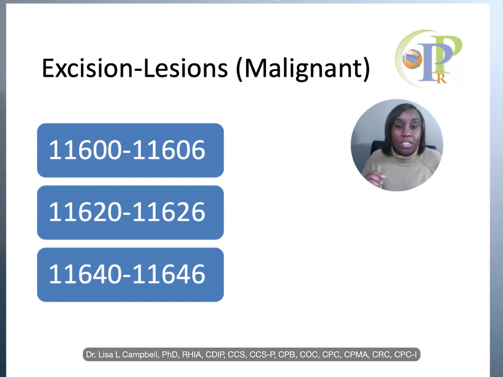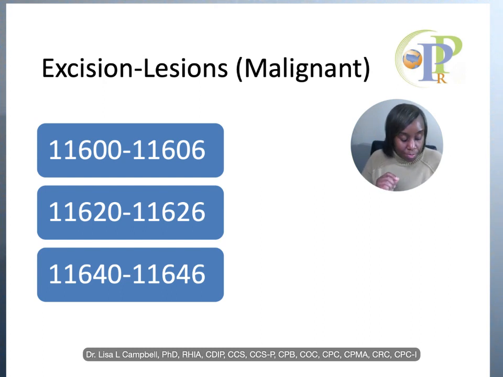Again, please take the time now to unpack every single page, every single code family as we are on this journey of the integumentary system, because after our next live class meeting, we'll be moving on to the musculoskeletal system. So very important, take the time to check out these codes.